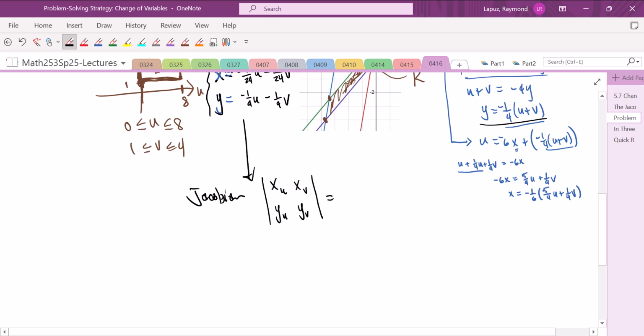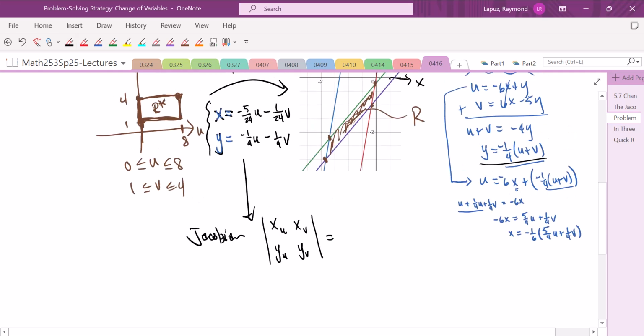And then you want the determinant of that. So I take a look at my x. I take the derivative with respect to u. That is negative 5 over 24. And then 0, because with respect to u, the negative 1 over 24 v goes away. And then I'll take the derivative with respect to v. That's negative 1 over 24.